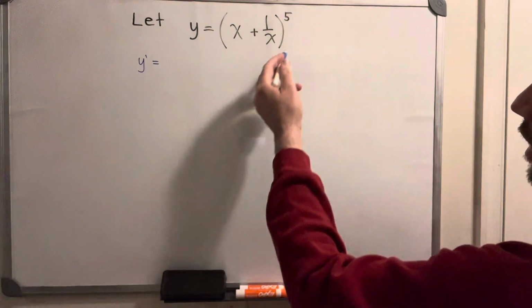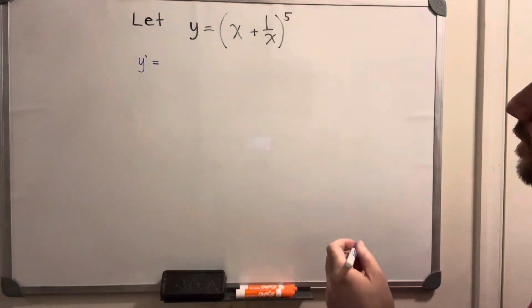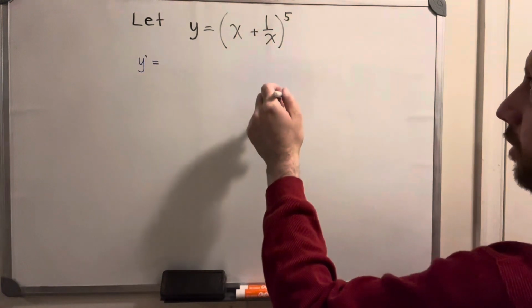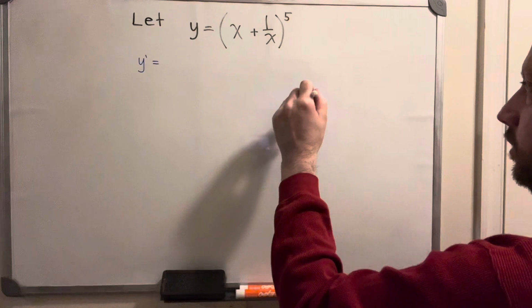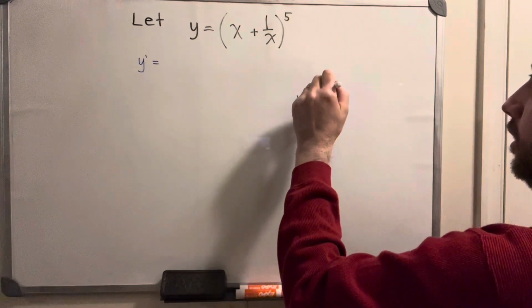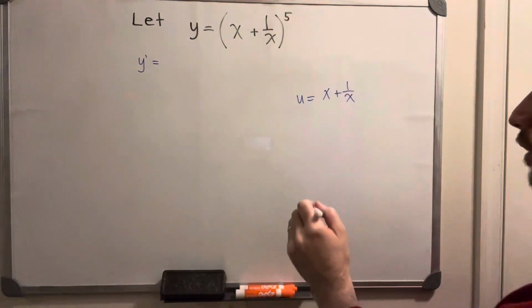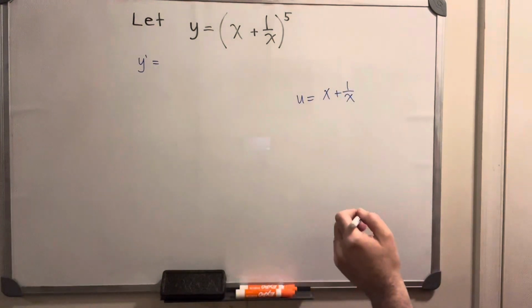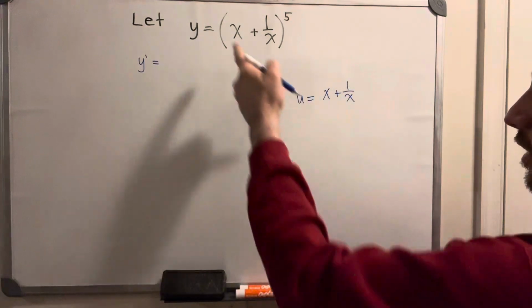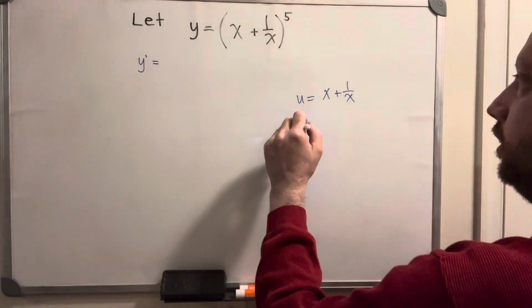So if we let u equal x plus 1 over x, then this problem is like this.